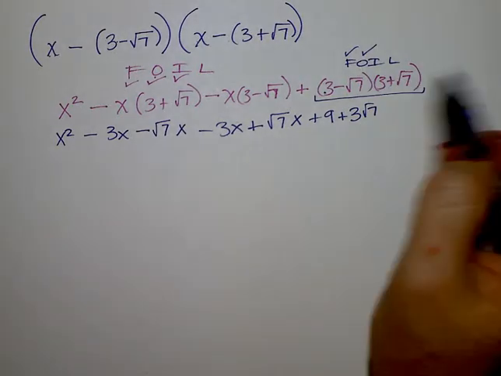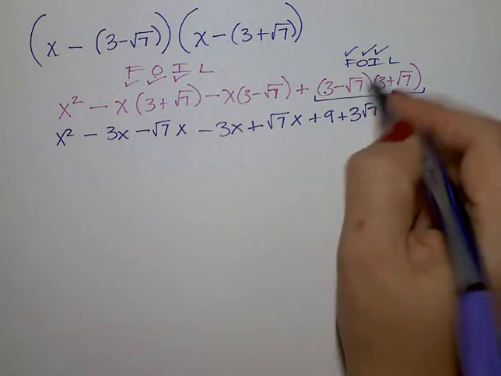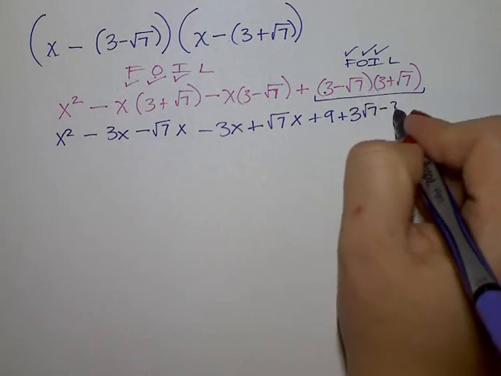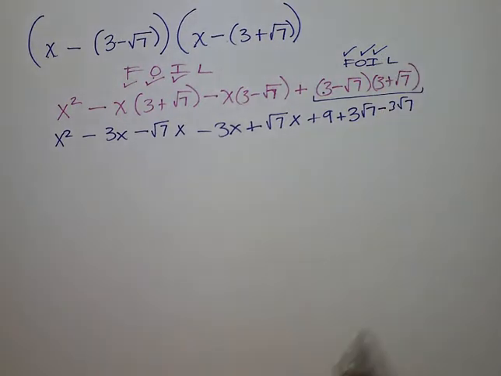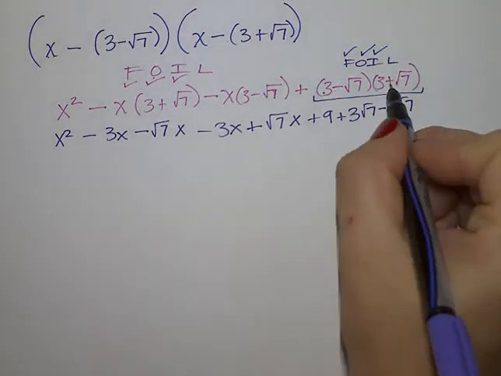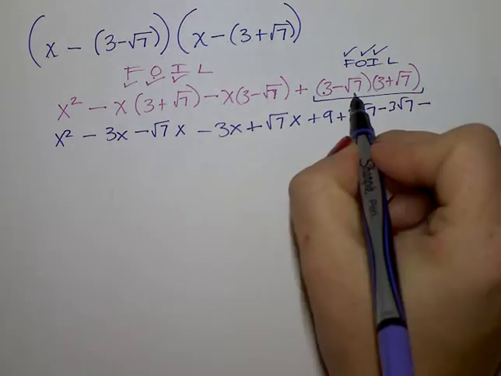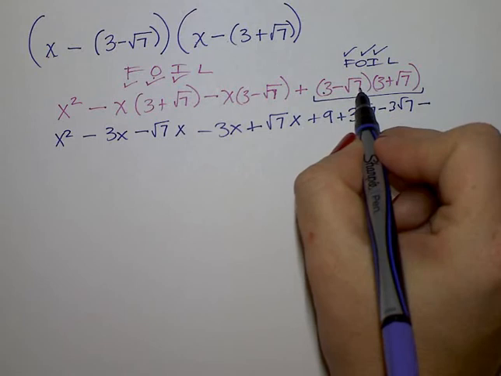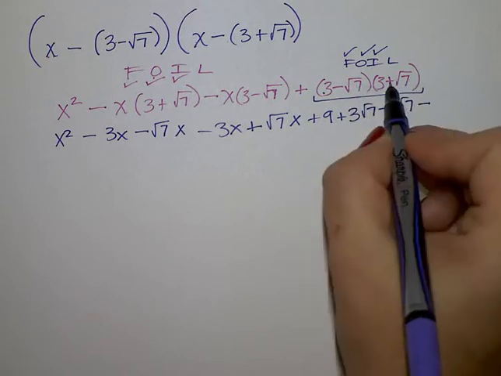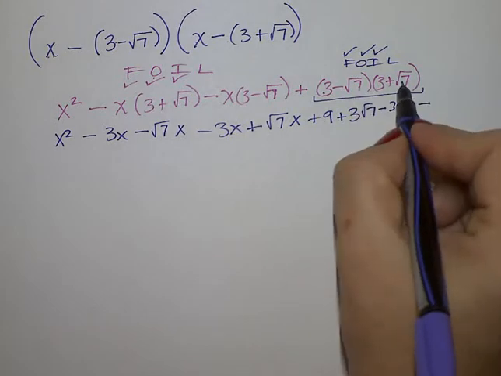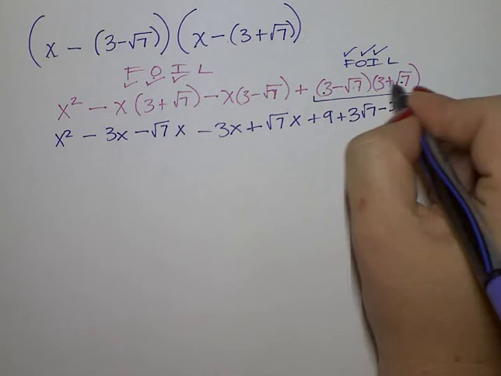Multiplying the insides, 3 times a negative square root of 7 is a negative 3 square root of 7. And a negative times a positive for the last. A negative times a positive is a negative. And if you didn't know how to work with square roots, when you have a radical with the same nth power, we go 7 times 7 is 49, and the square root of 49 is 7. So this will be negative 7.